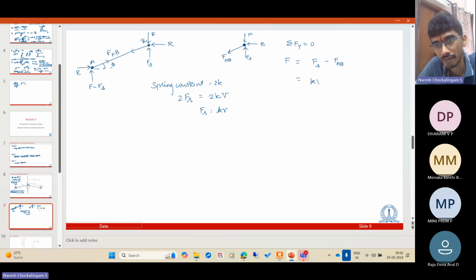So F is equal to Kv minus the force in the member AB. Now let's suppose the stress in the member is sigma. The force in the member FAB is equal to sigma times the area of the member A. So assume that strains are small.